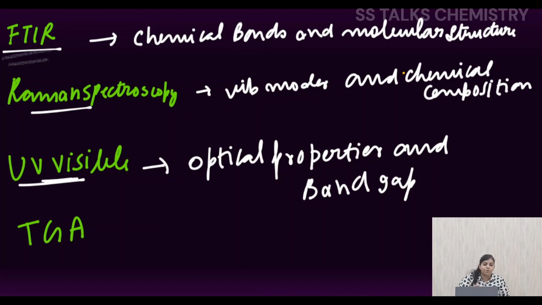So if a particular species is, suppose, red in color, the complementary color would have been absorbed by it. From that you can get an idea of what the band gap of this particular species is, right?